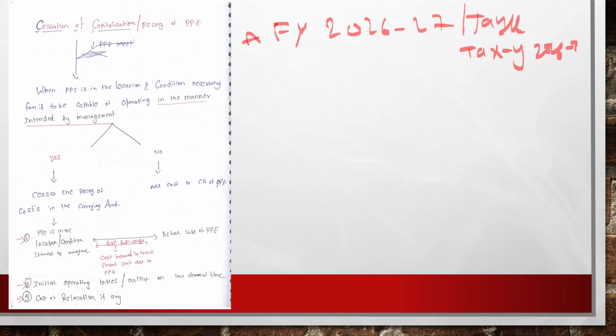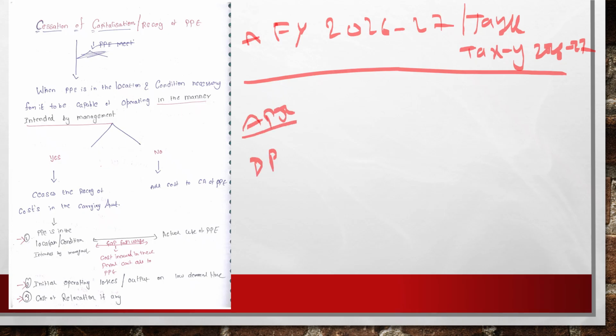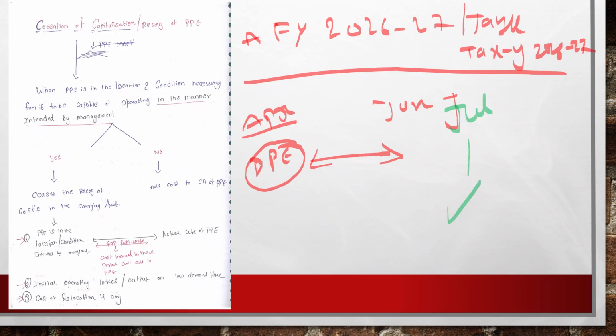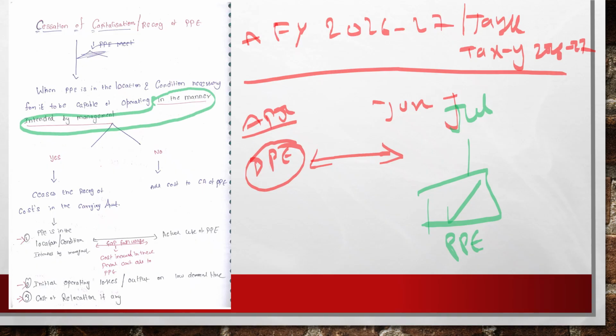In the month of April, there is an opening construction cost, and in June you have incurred a few costs, and in July you have achieved the intended purpose. In the manner intended by the management, you have constructed one PPE and completed your project.